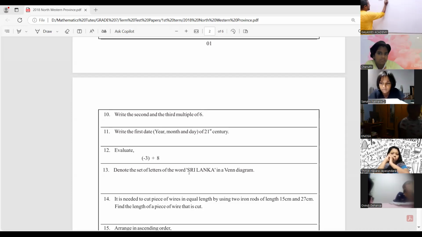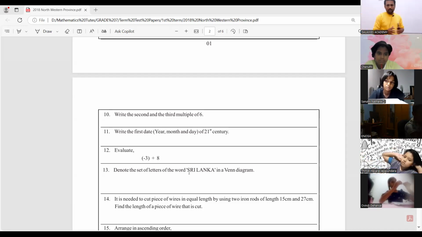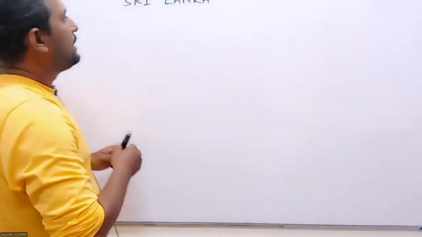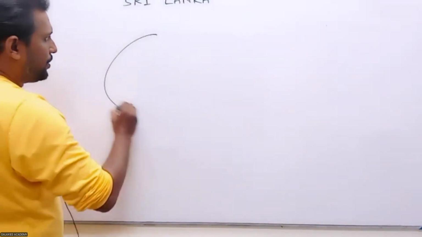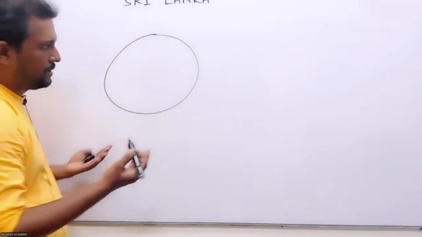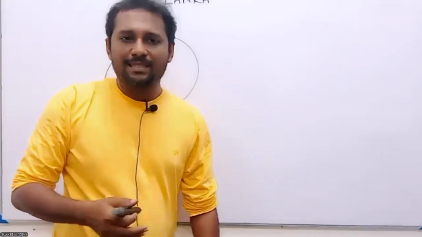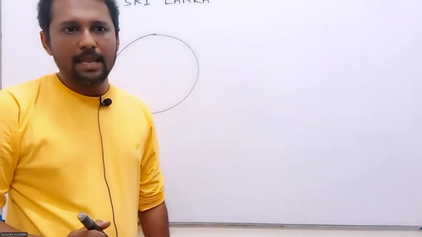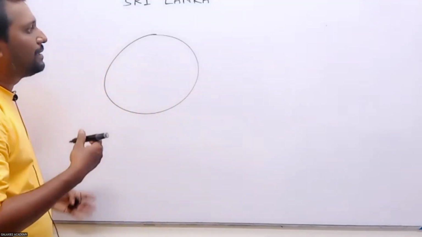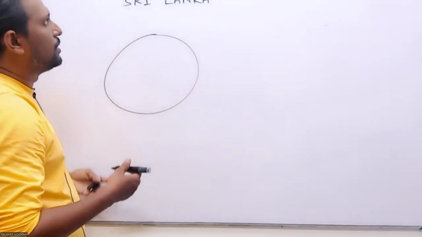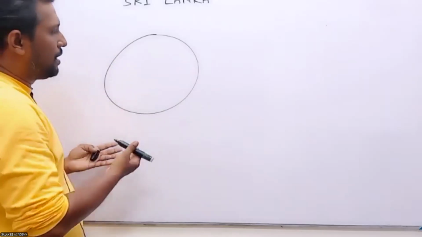The word is Sri Lanka. The letters of the word Sri Lanka. It is the descriptive method given. Then how can you do? You can draw a closed plane figure. We can't name this set because the question has not given the name. Then you check what are the letters we can use to write Sri Lanka.